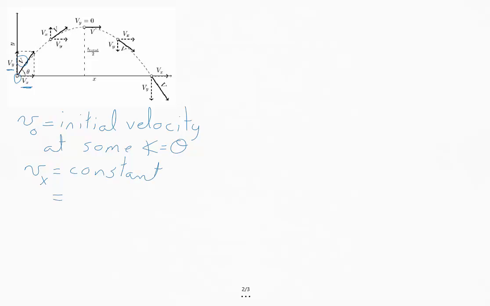And it is still, according to this picture, going to be equal to your original total velocity times the cosine of theta. And this is key. You've got to remember to find your Vx when you're launching at an angle. Similarly, Vy is equal to V naught sine theta.